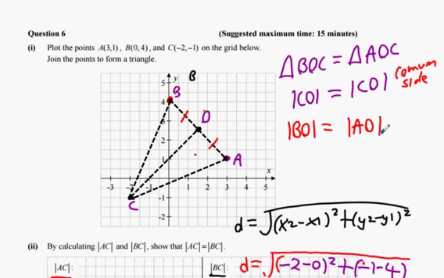Now, oh, we did this earlier in part 1. We proved that AC is the same length as BC. So BC equals AC, and you say proved in part 1.